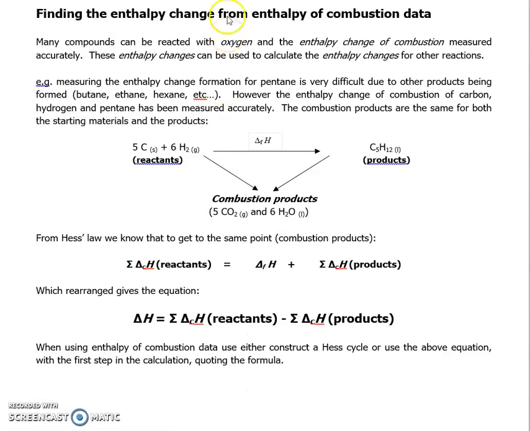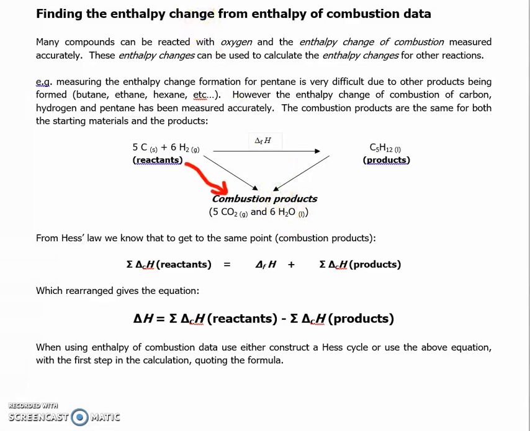So how does this look on a Hess cycle? Well, the Hess cycle shows, with this red arrow here, the combustion products of those elements themselves. That's our starting point here. The combustion products are our finishing point.